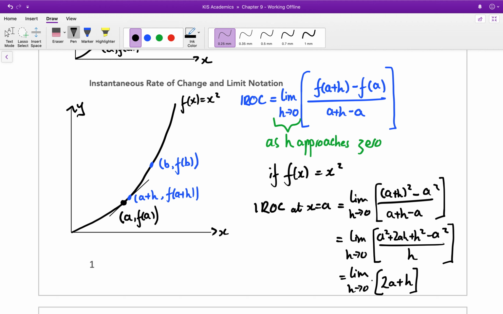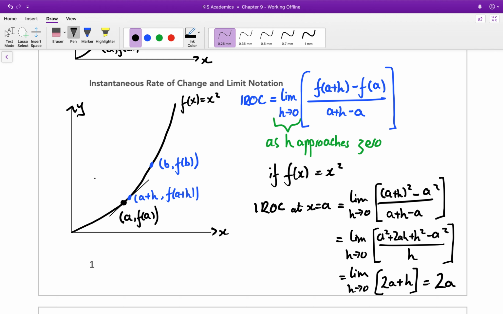And how we solve these limit equations is we just substitute what our h is meant to be approaching. So if h is approaching 0, we substitute h equals 0, and that gives us 2a. So the instantaneous rate of change at x equals a for this function here is equal to 2a.